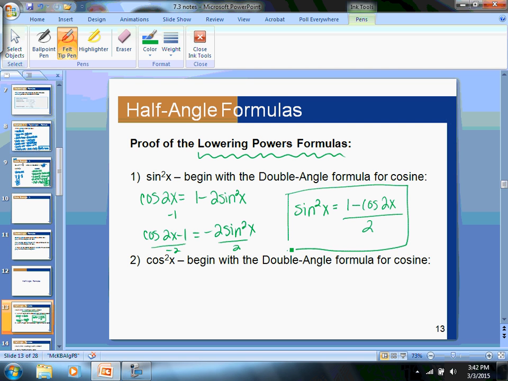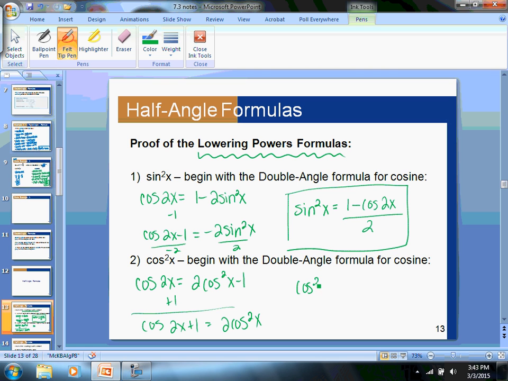The cosine squared x, if I want to rewrite that, again, I'm going to start with the double angle formula for cosine, and I'm going to use the double angle formula that has the cosine in it. So that's 2 cosine squared x minus 1. So again, I'm going to solve this for cosine squared of x. So I would add the 1. So I'll have cosine 2x plus 1. And then I would divide by 2. So I'm kind of running out of room here, but we're going to divide both sides by 2.